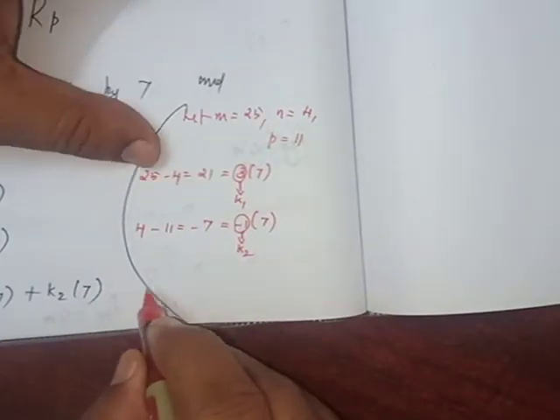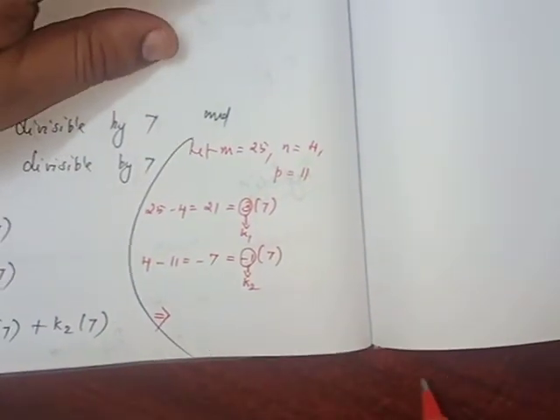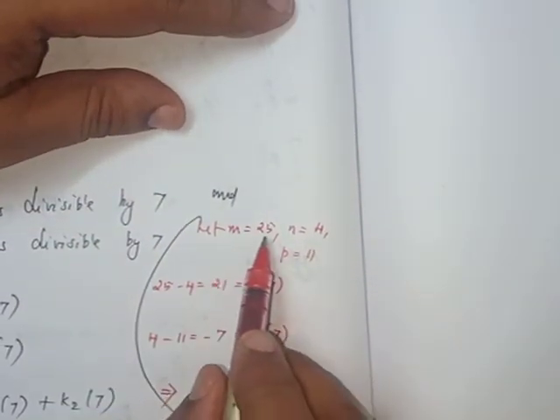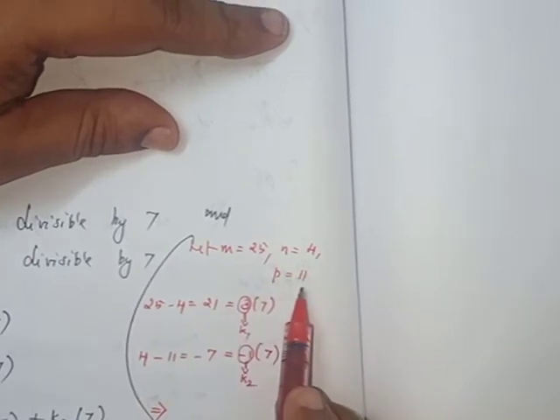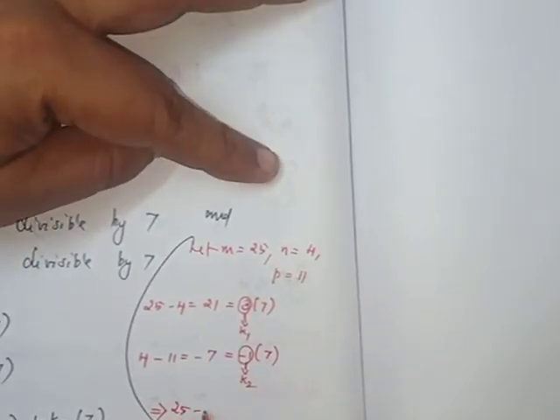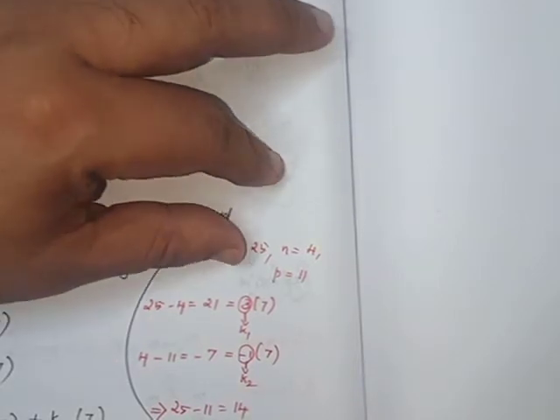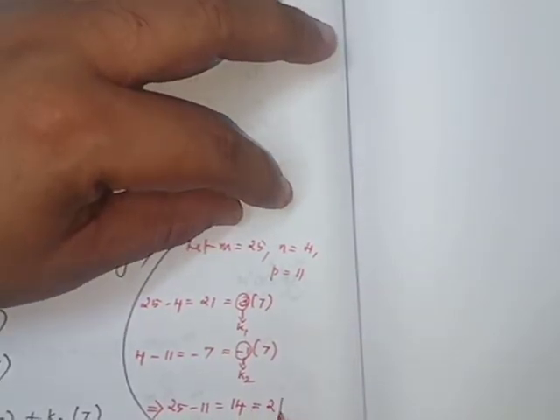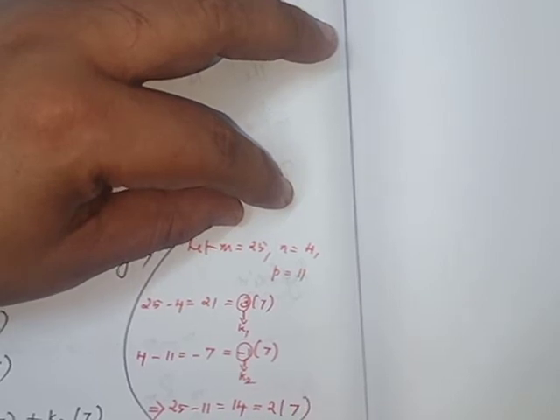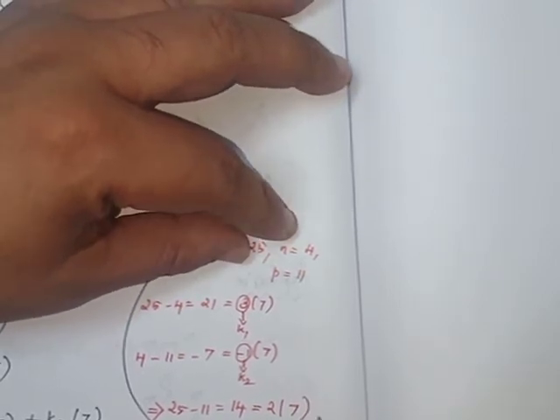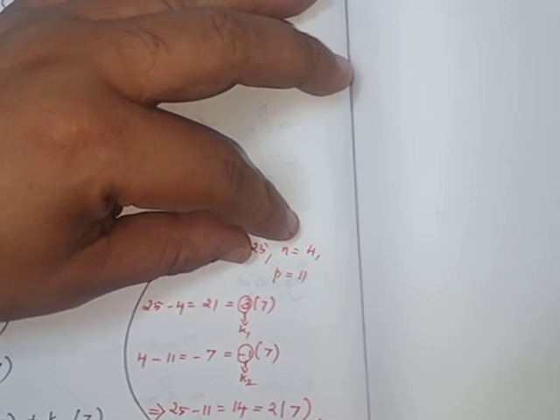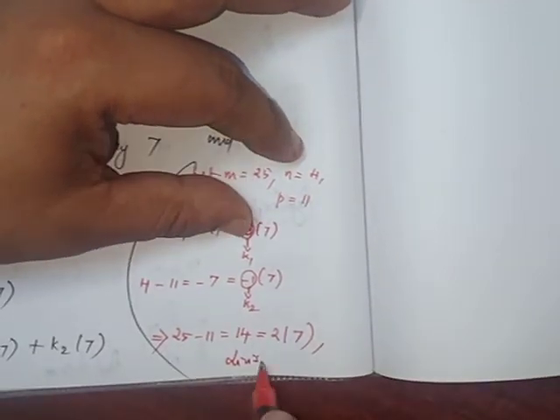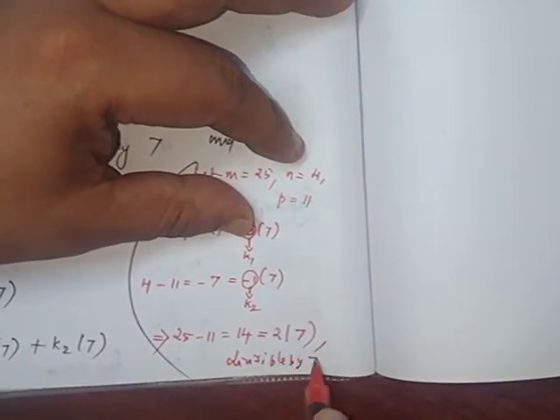I proved that also, which implies, what is m? 25. What is p? 11. 25 minus 11 is equal to 14. 14 is also divisible by 7, because it is 2 times 7.